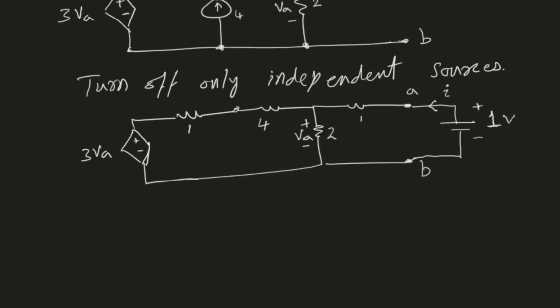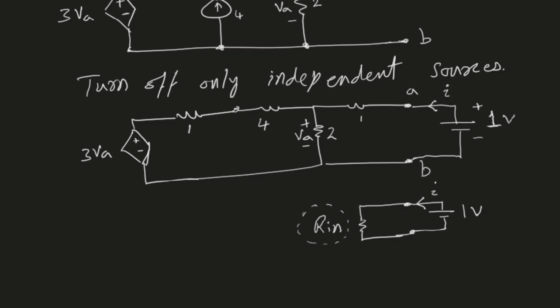Based on this current, we can find the resistance of the entire circuit. You can think of it as your terminals are A and B, and to the left of them your circuit is an equivalent resistance, that is Rin. That's the resistance of the circuit, so your circuit can be represented with this single resistor. And now we have applied a 1 volt source. Because of this source, a current I will flow, and because we know the voltage and the current, we can find this resistance Rin.